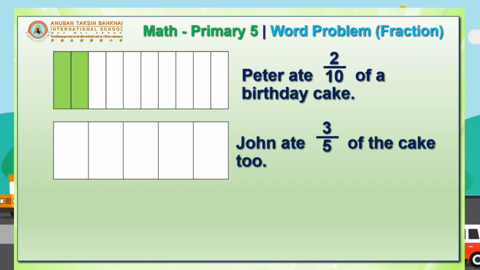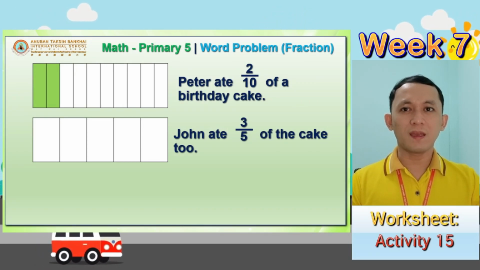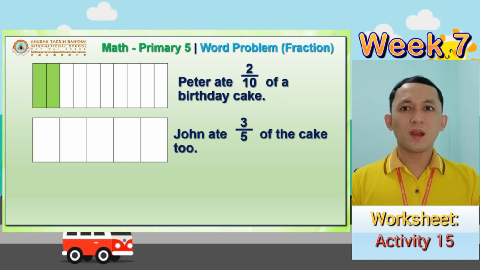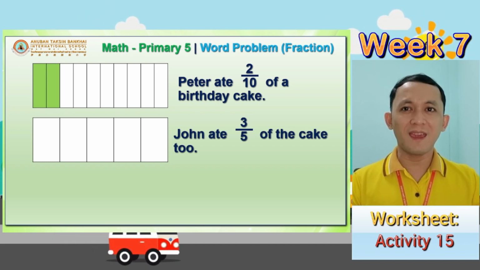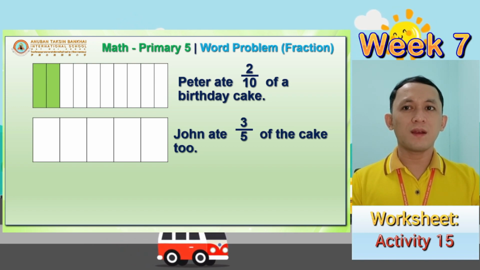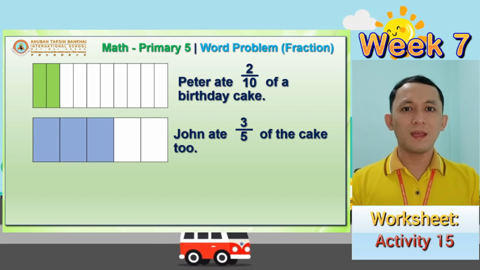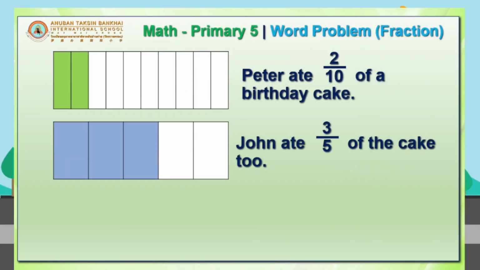Okay, now let's have the same representation of the cake, and it says here that John ate 3/5 of the cake too. So we are going to divide that cake into 5 equal parts, and you have here 3 shaded parts, meaning this is the fraction that John ate.